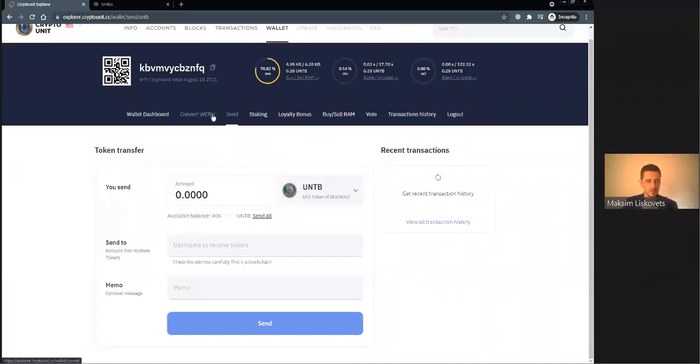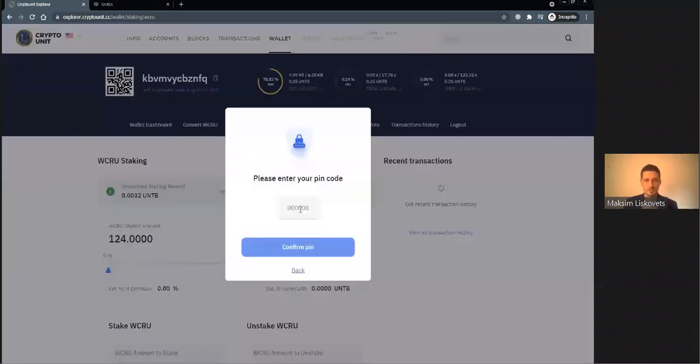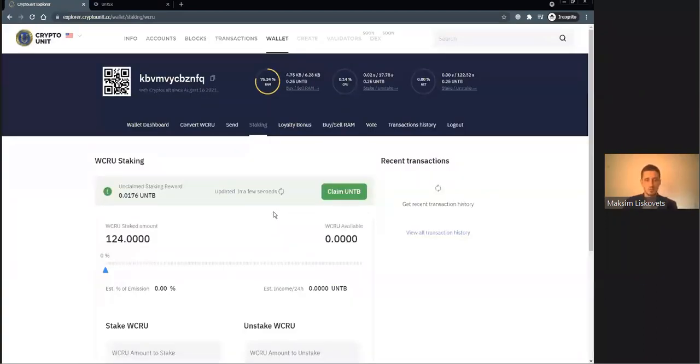And now, do you remember when we staked world CRUs and CRUs? I told you that we may claim our income. Let us have a look at the number of UNTBs mined over the time of our session, while we were busy with something else. Now we see that the number of UNTBs mined is 0.0176 UNTBs.